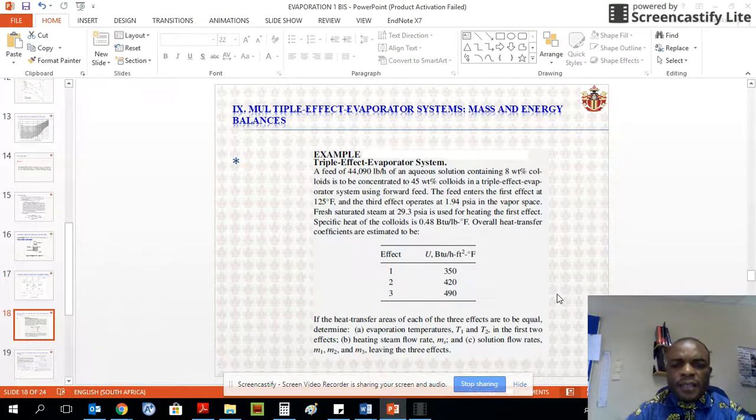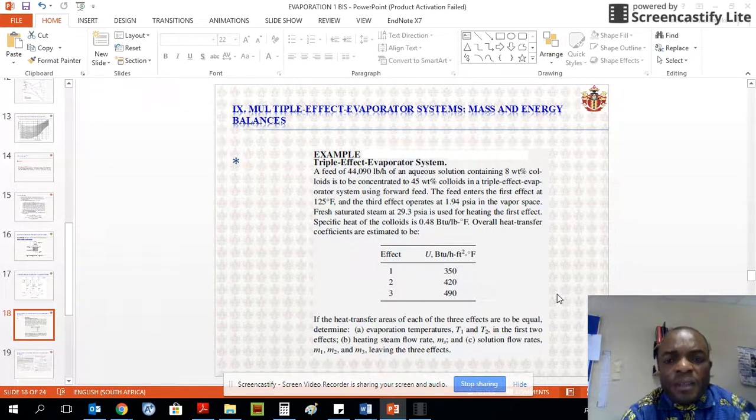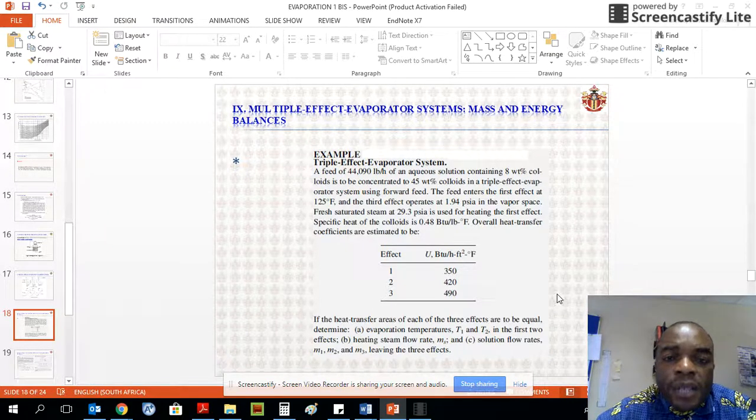Now, here is a worked example that you can read at leisure in our textbook. That example allows you to understand how mass and energy calculations can be undertaken around multiple effect evaporators. In this problem, we have three effects.